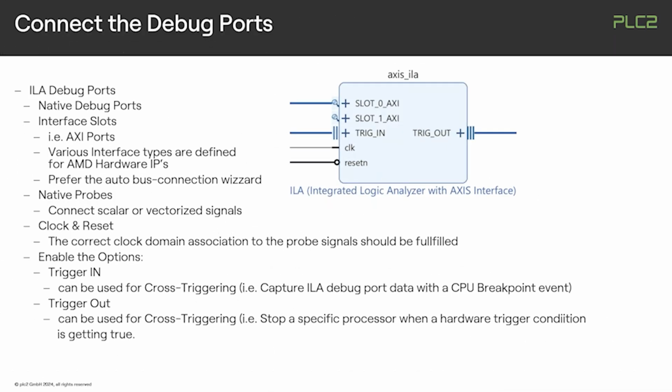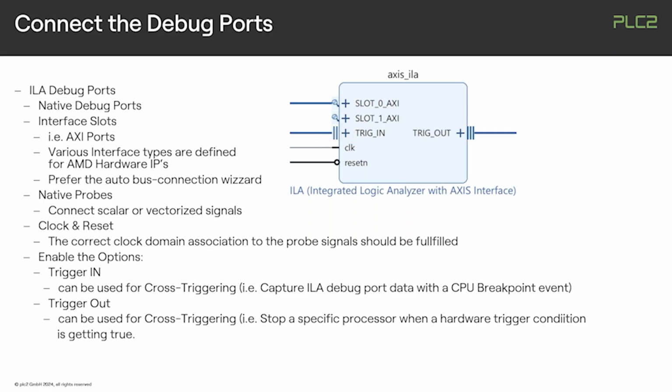But you need to make sure that your ILA core has enabled trigger ports, and this is by default not provided. So if you simply take an ILA core from the Vivado IP core catalog, you will first of all see the essential probe signals, but not the optional trigger signals.